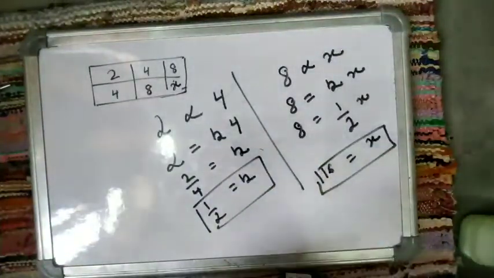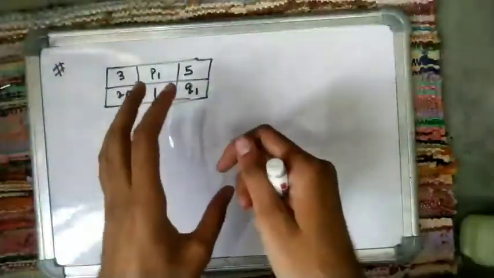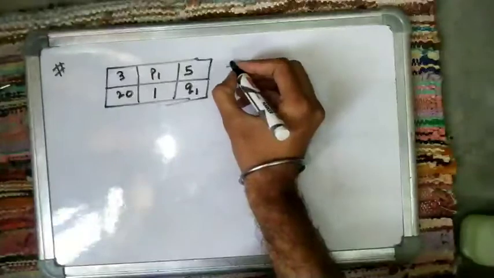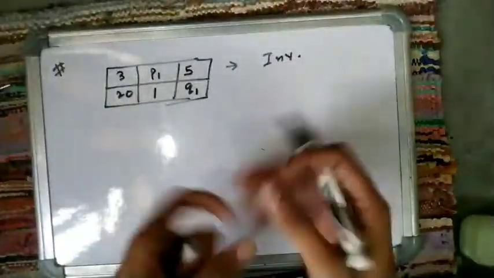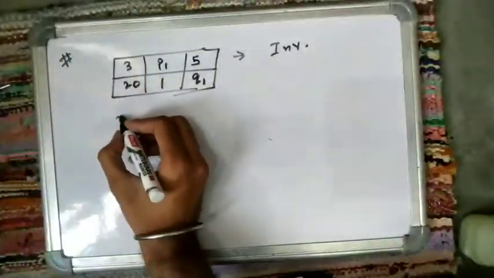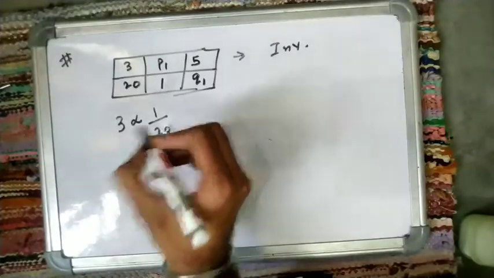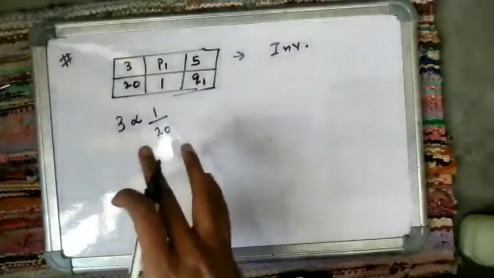Next question of the inverse variation. Here is the next question. We have to find the value of P1 and Q1. This question is from inverse variation, and we will follow the same pattern. So we write here 3 is inversely proportional to 1 by 20.